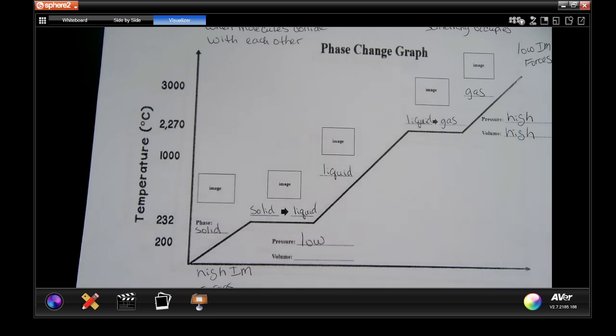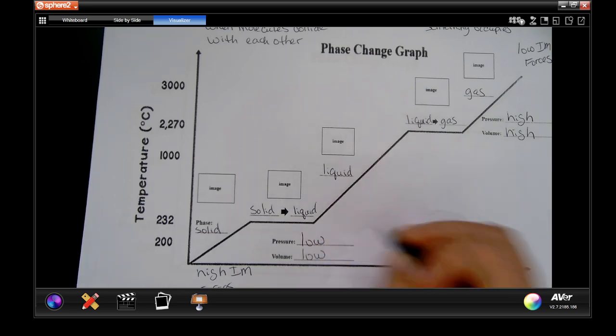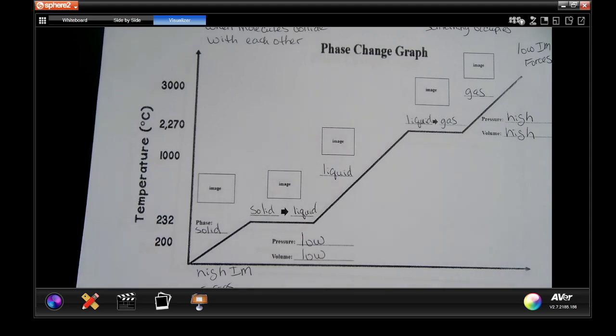And as you let things out of a balloon, and you start letting stuff out, what happens to the volume there? It gets less, right? Because if we have a low pressure, then we're going to have a low volume. There's nothing pushing, right? There's nothing pushing. It's what, trying to get out, okay? Questions so far?